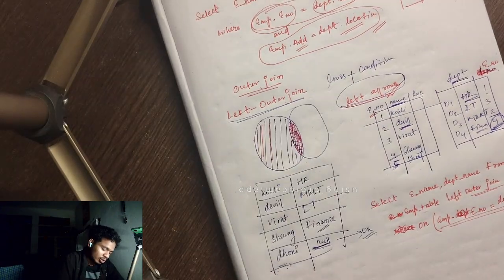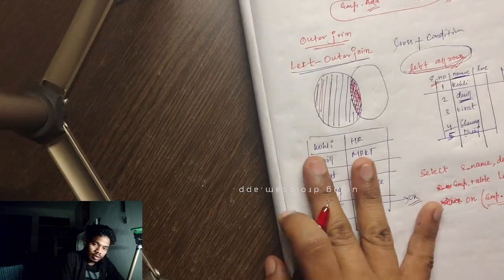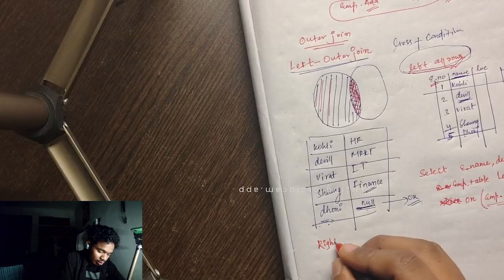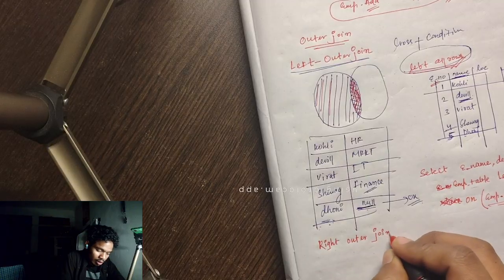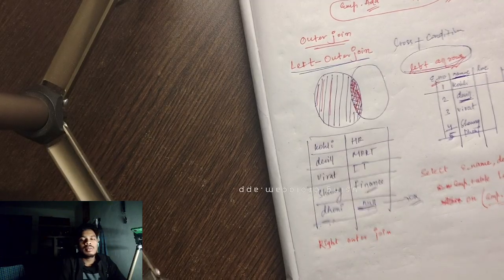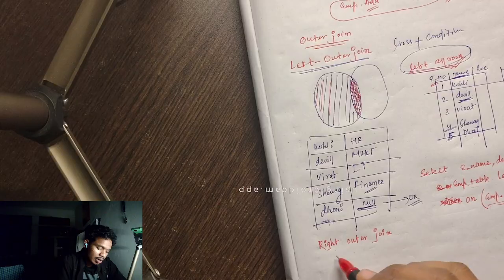Same for right outer join. There, the right table's rows will be taken into consideration more than the left.